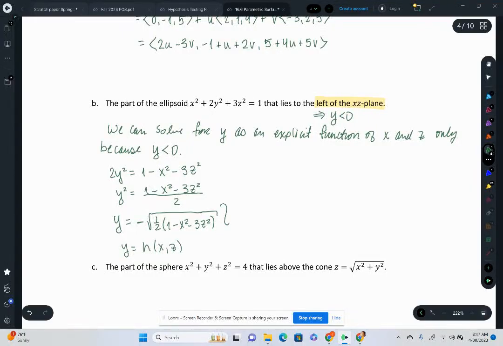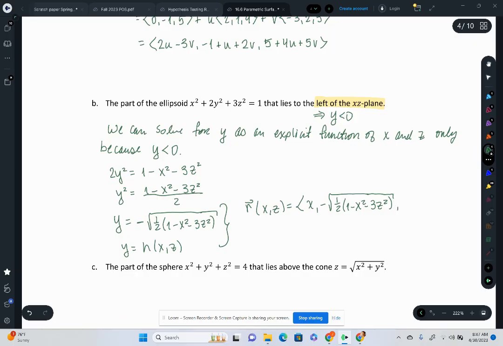Okay, so we're going to take this and build our vector parametric surface for the ellipsoid. So r of x, z will equal a vector with components x, since x is one of the parameters, it gets to be itself. Y will be the negative square root of 1/2 times (1 minus x squared minus 3z squared).